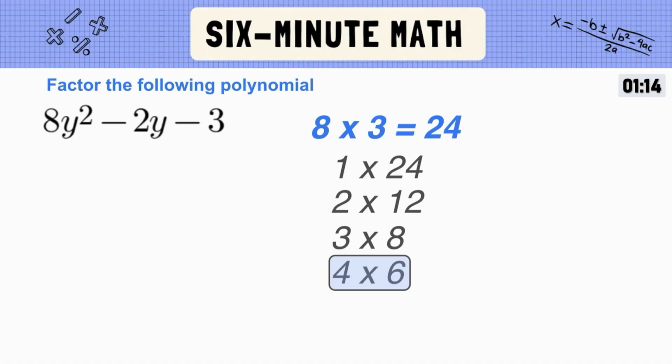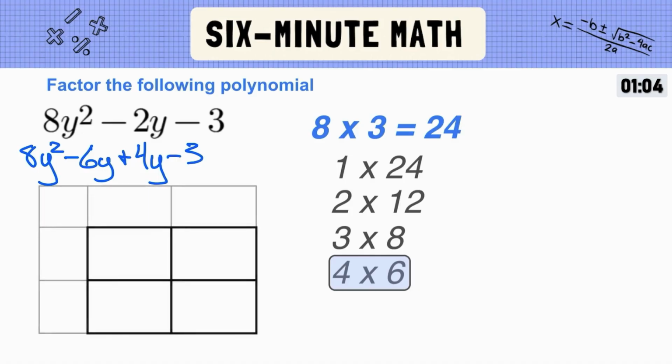So I'm going to use my new polynomial of 8y squared minus 6y plus 4y minus 3. I have my box and I write my terms in.